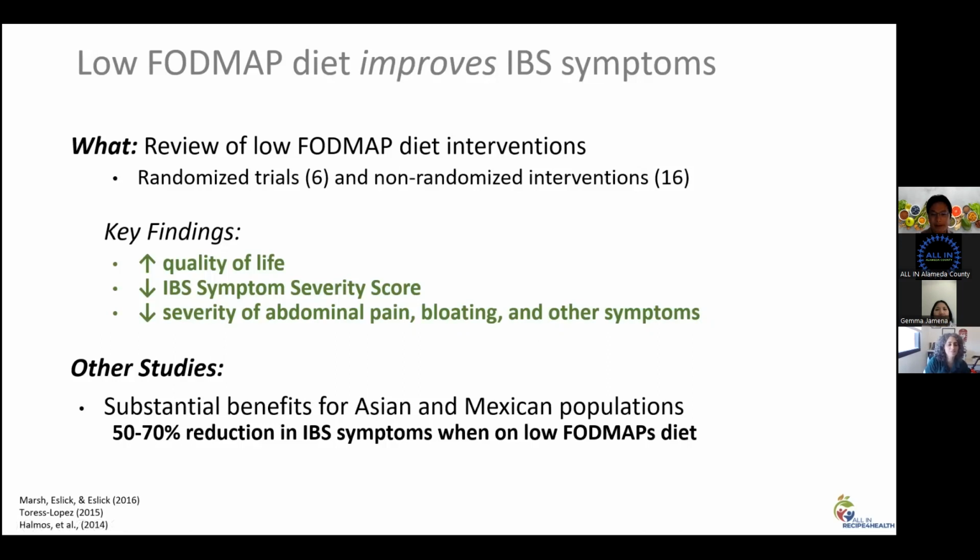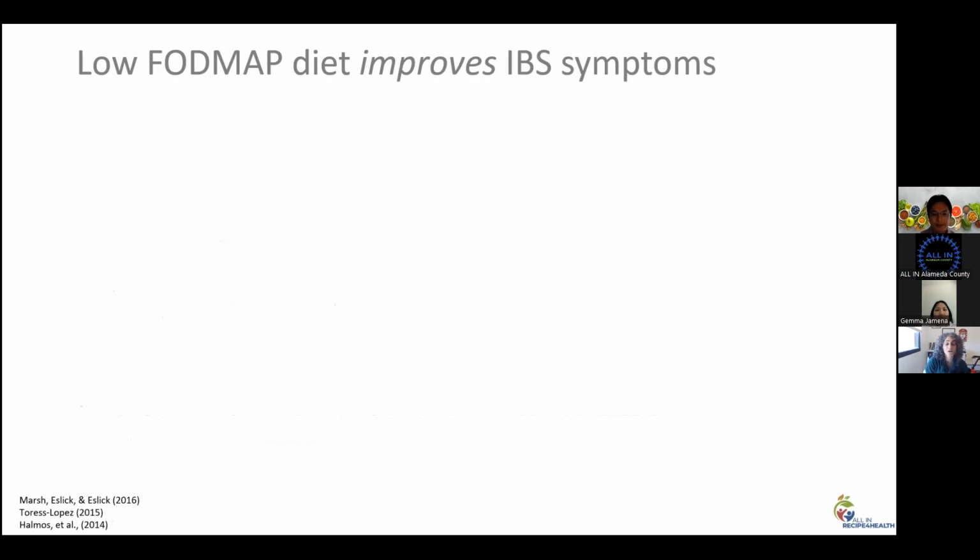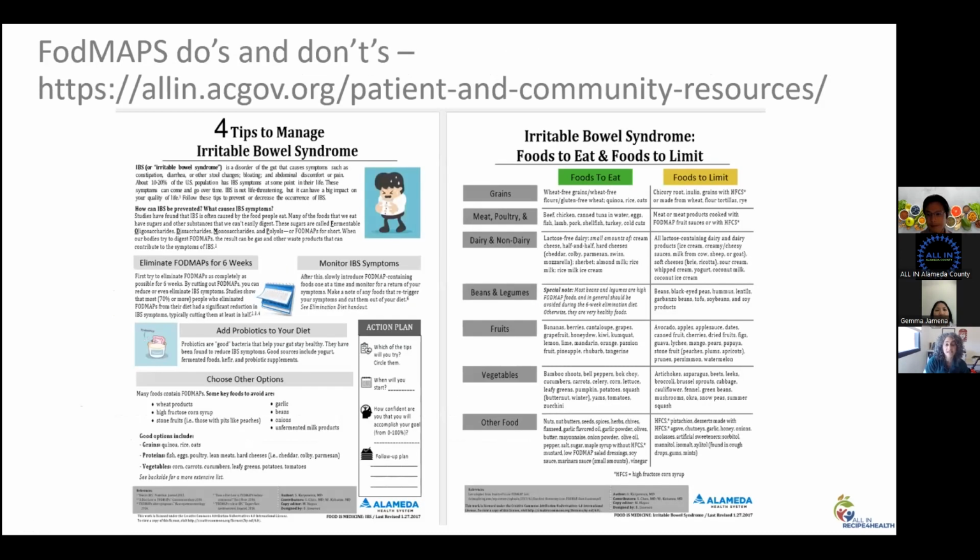Can I just add one quick thing about that, in terms of my practical experience? I use this a lot because I see a lot of midlife women with pretty severe IBS symptoms. A lot of the foods on the don't eat list are actually foods that are high in fiber and very good prebiotics. They actually feed good bacteria in the gut.